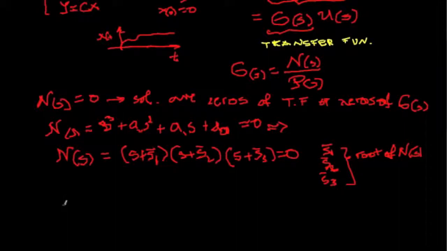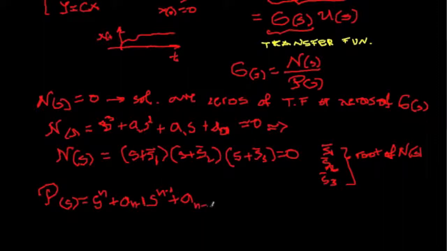What is the other notion that we have? We have the zeros of the p of s polynomial, and the p of s polynomial can be given as s to the n plus a n minus 1 s to the n minus 1 plus a n minus 2 s to the n minus 2 plus and so on, plus a1 s plus a0.